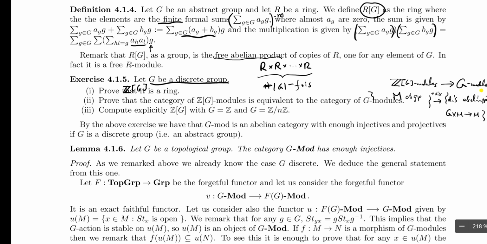So all you have to check is that for the multiplication of these elements acting on an element M, when you first act with this finite sum on M, and after that act with this finite sum on the result, it's the same as acting with this term on M. That's all you have to check.